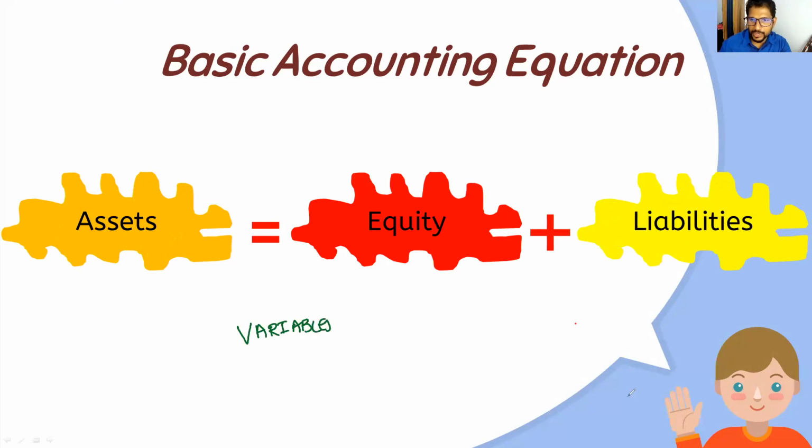Okay, so in this accounting equation, the variables are as follows. Assets is a variable, equity is a variable, liabilities is a variable. Agreed? And also in this equation, children, we have non-variables.